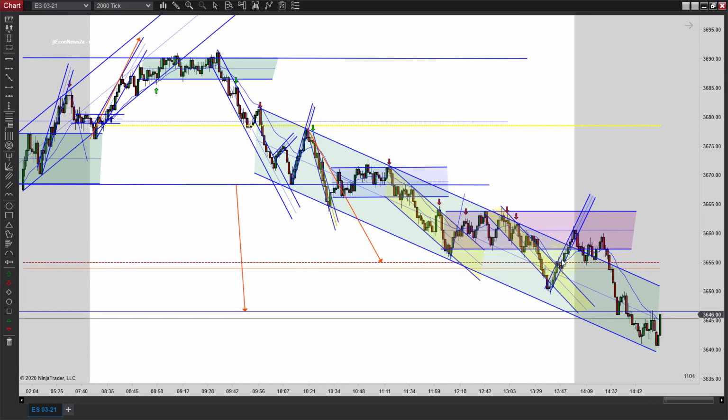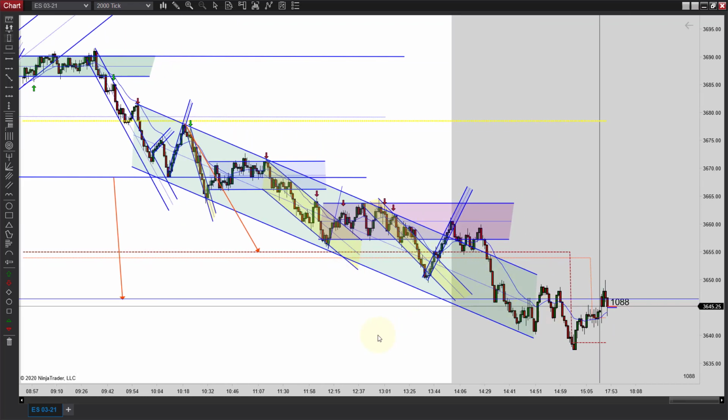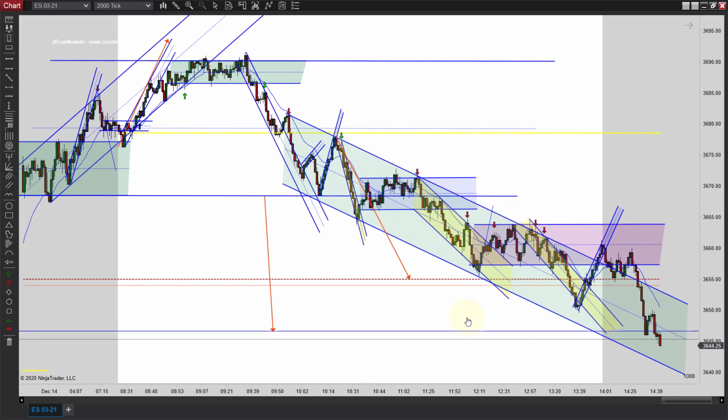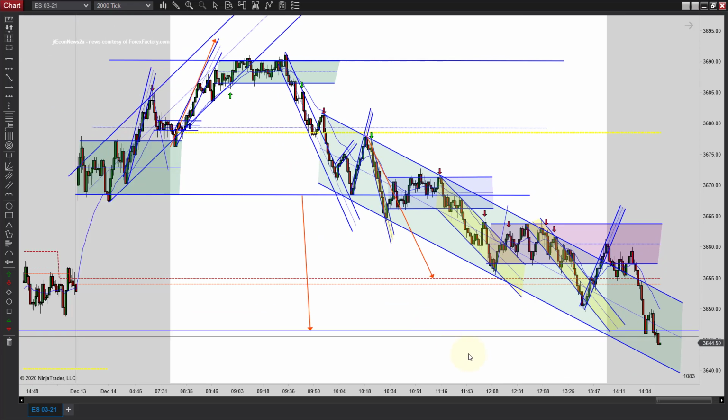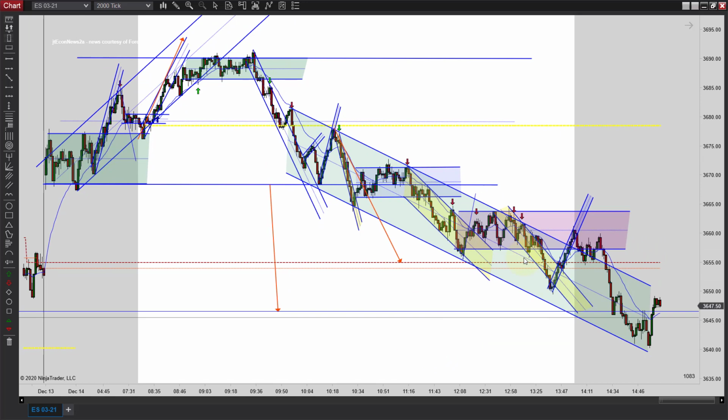And you can see that's where we really found a lot of support. But we continued to push on down, and then you'd use your other targets for that. So just keep that in mind. That's how you know early in the morning that there's a good chance we're going to turn down. And it took prices a lot of work to get through these levels each time, but they just kept dropping down. We've seen a lot of that lately, so that's not uncommon.